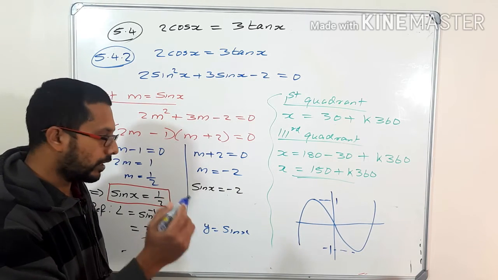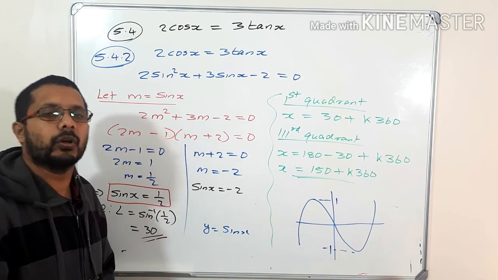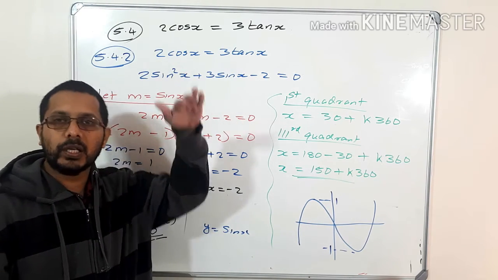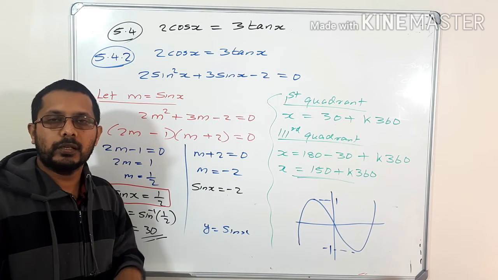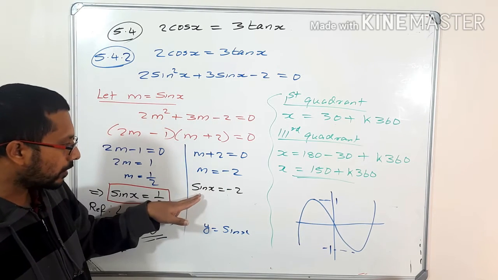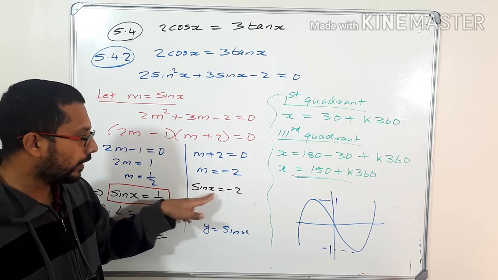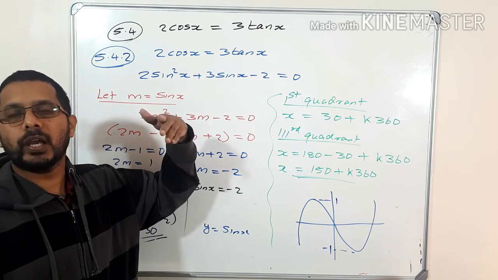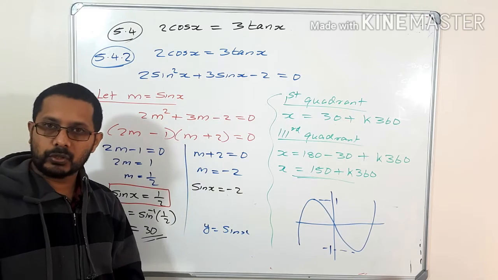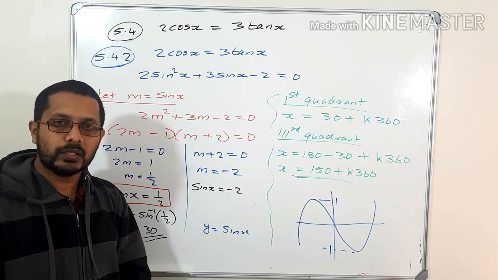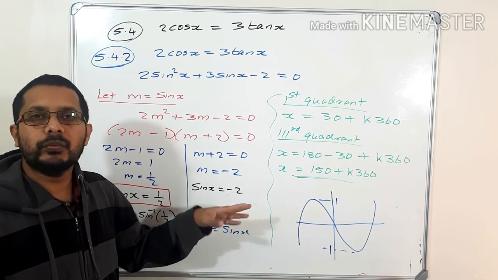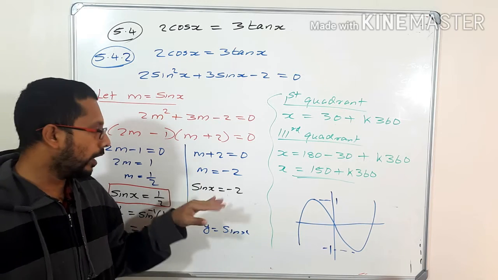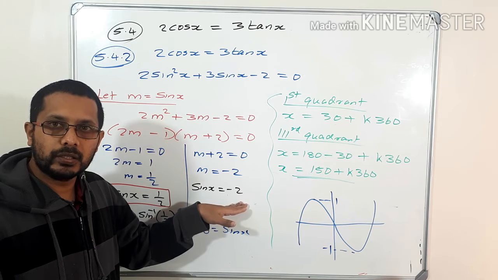So sin is from minus 1 to 1. Here the value of sin x is equal to minus 2. That means there is no value beyond 1 or beyond minus 1. Do you understand? So if you try to find the answer for minus 2, you don't get an answer, because there is no value for sin at minus 2.